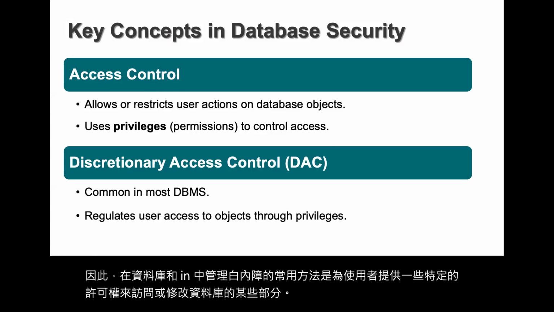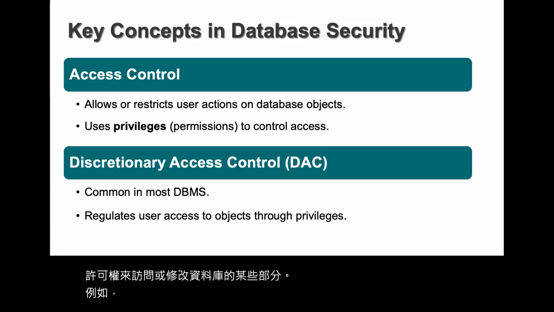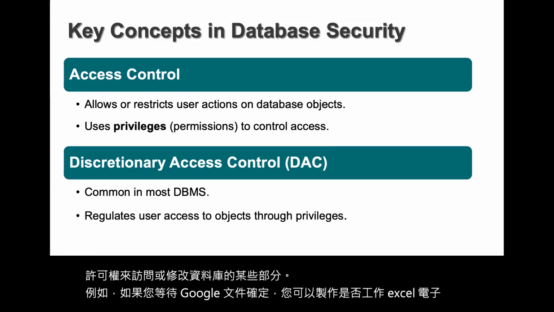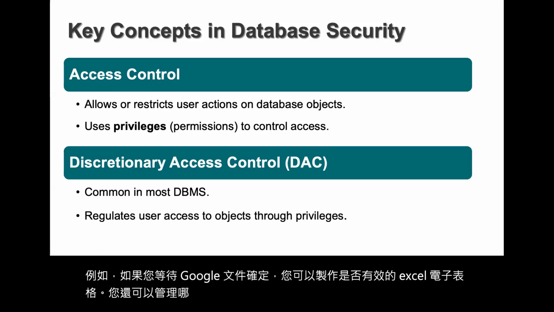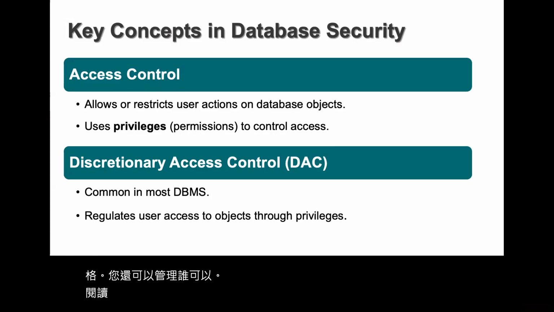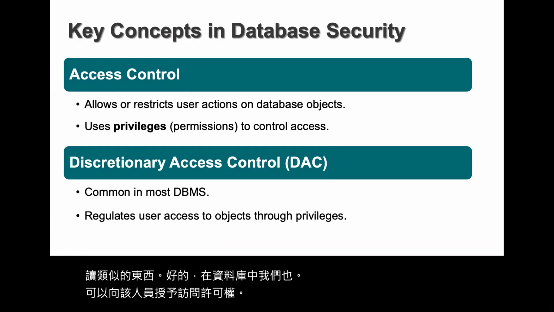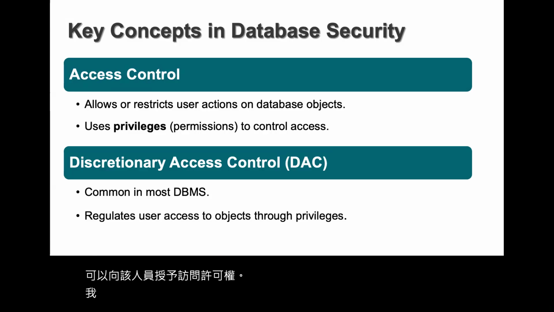For example, if you make documents, whether Word, Excel, or spreadsheets, you can manage who can modify, view, or read them. In a database, we can also grant access to the person we give the documents to.